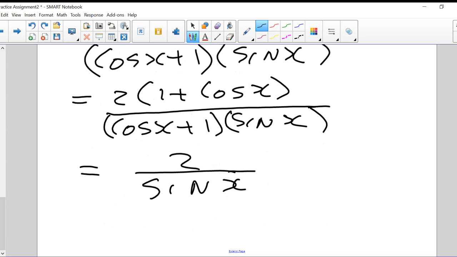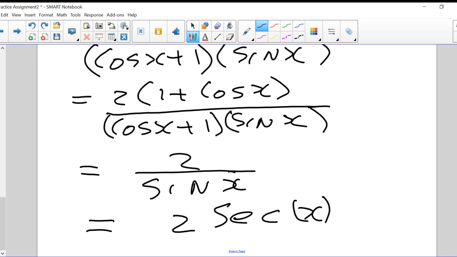Right? The cosine x plus 1 can be cancelled out. Thank you, Travis. So what is this actually equal to? Because I wouldn't accept this answer as your final answer. Well done. It's what Joel just said. It's equal to 2 secant x.